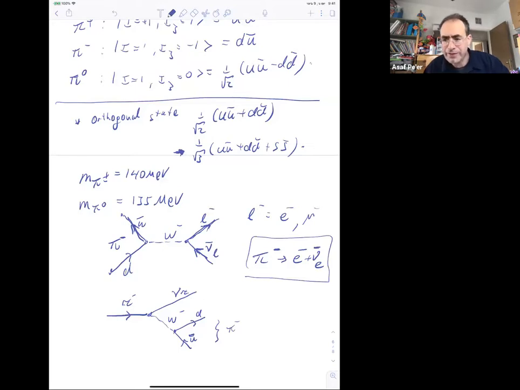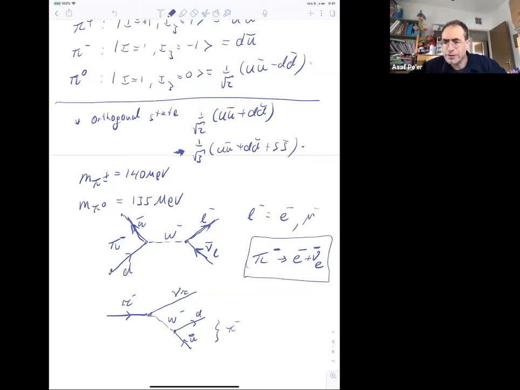I'll show you how to calculate the lifetime of the pion. What matters is that the energy must be conserved, because four-momentum has to be conserved in each vertex. A particle cannot decay into particles whose rest mass energies are larger than its own rest mass energy, because you can always go to the center of mass frame, the frame in which this particle is at rest, and you simply don't have enough energy.